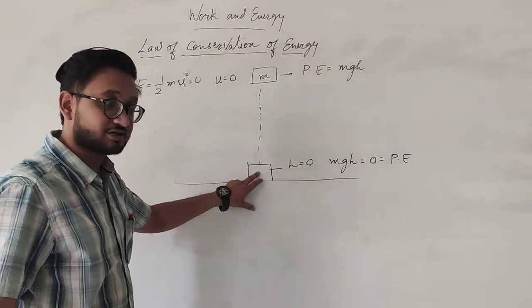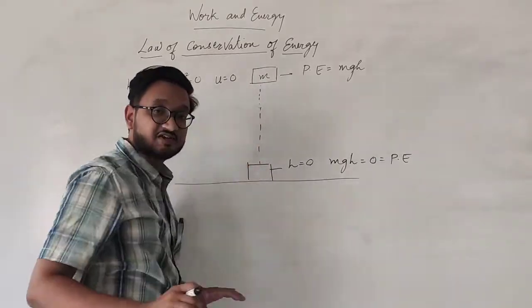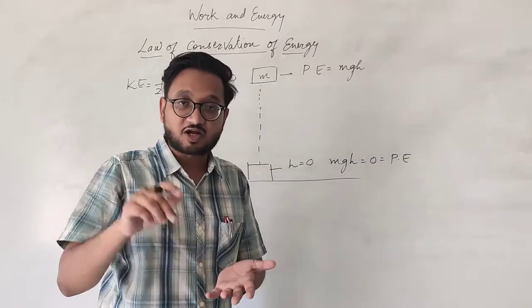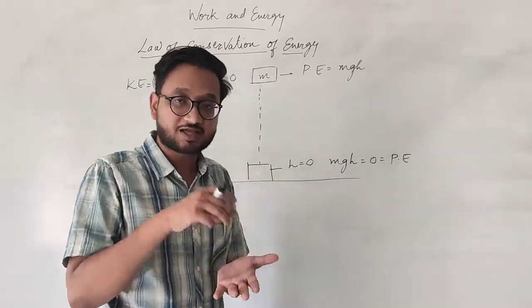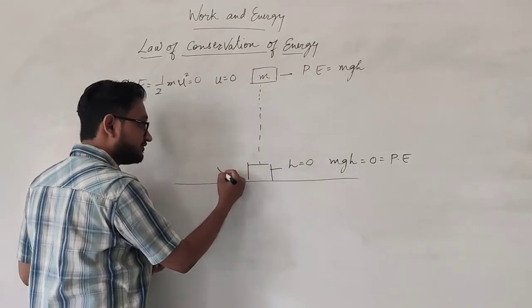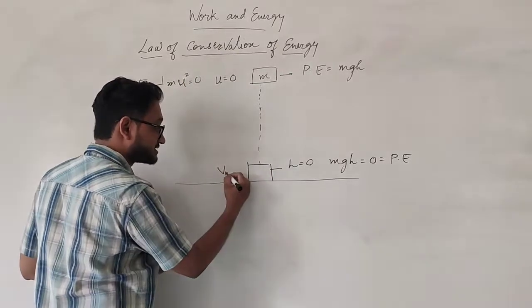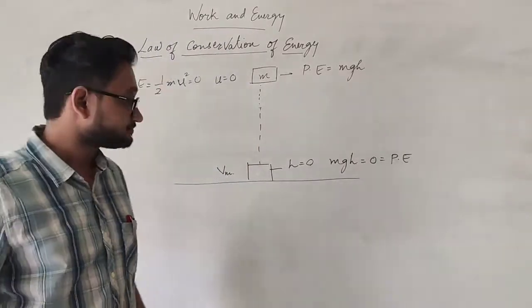So the gravitational potential energy becomes 0. But at this point, when it is just touching the ground, the object has achieved maximum velocity, because once it strikes the ground, its velocity is again going to become 0. But when it strikes the ground, its velocity v is maximum, or I can write v max, or final velocity v.